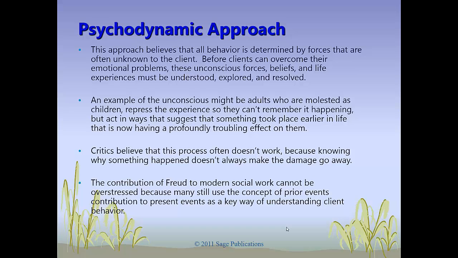But in any event, here's a good example of this, with the adult who was molested as a child. Now, you often hear, for instance, that people who abuse their children were abused as children themselves. And that is very often the case. I would bet that probably the majority of child abusers have been exposed to abuse themselves. However, if you reverse that, is it true that most children who have been abused will go on to become abusers themselves?